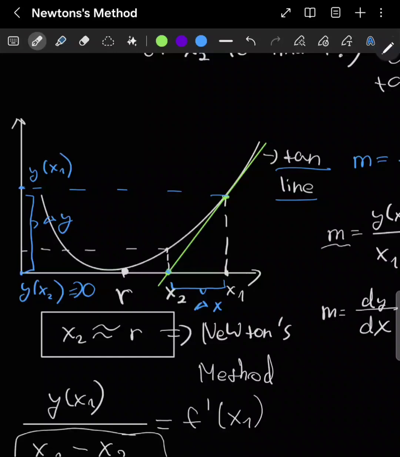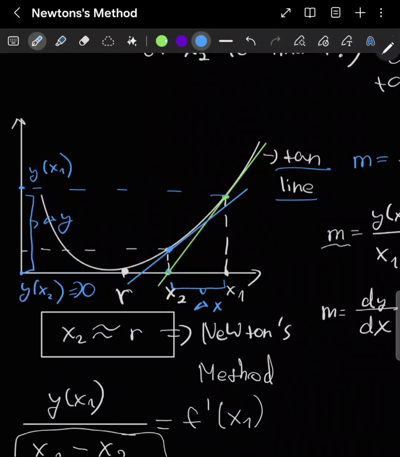So if we draw one more tangent line at x2, okay, let's assume that it's intersecting at this point.